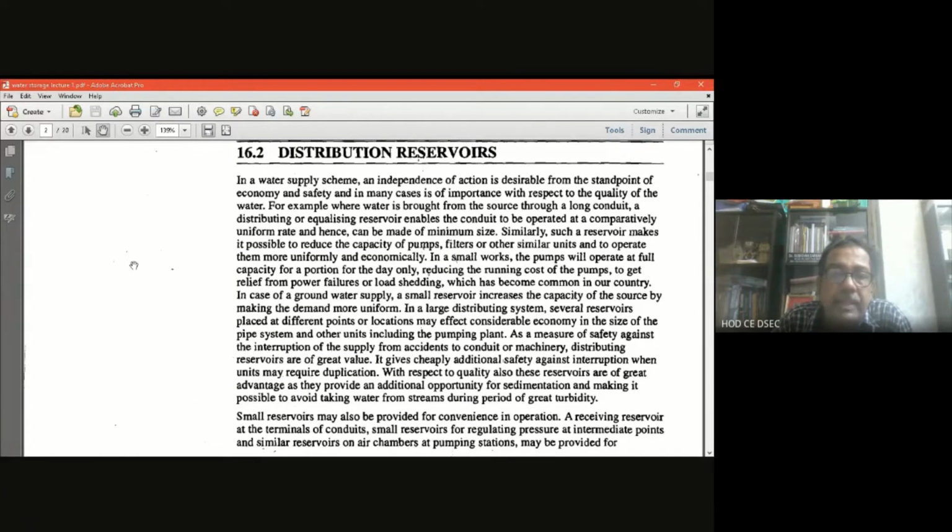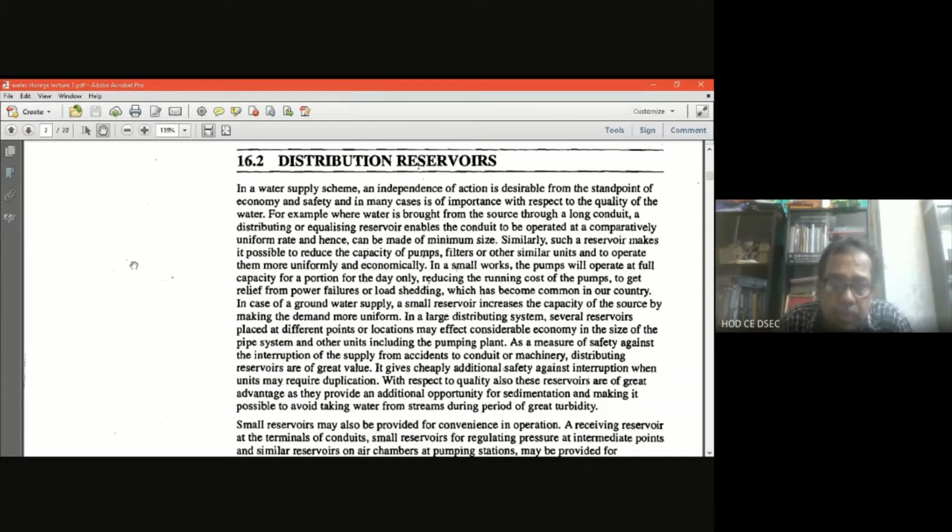The main thing I must highlight to you students is that when there is a long pipeline distribution system, to make a uniform flow into the piping system and to make the pumping cost economical, the reservoir is a must. And it improves the quality of water also. How?